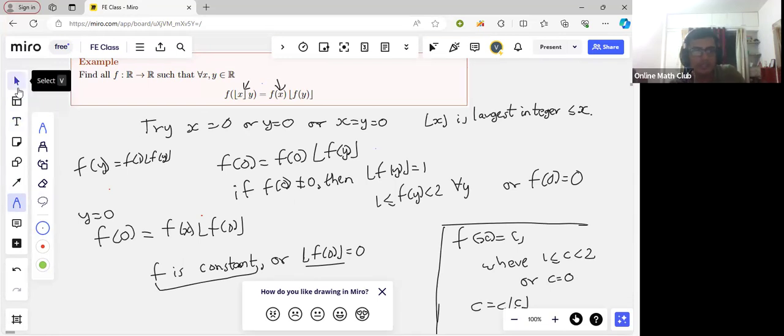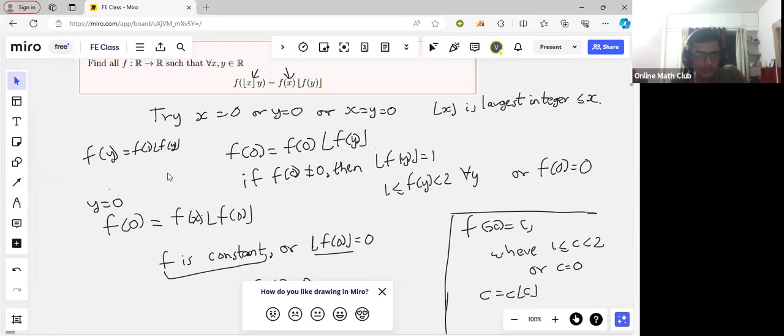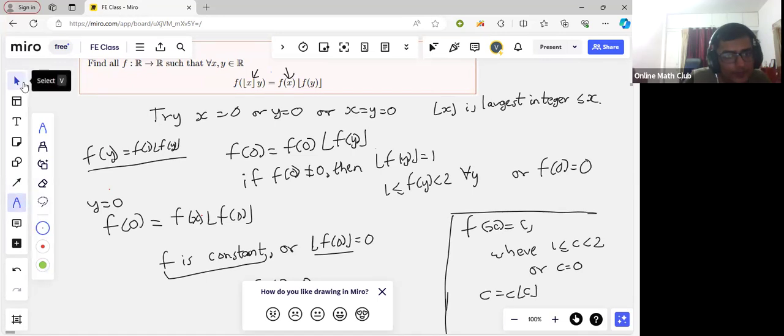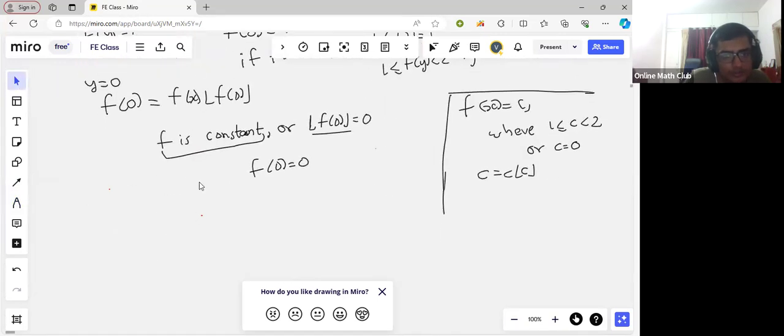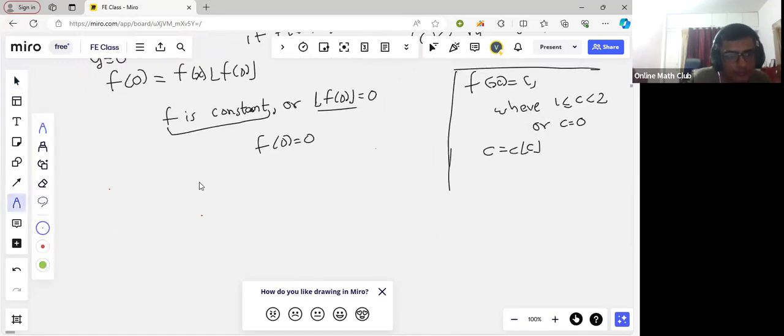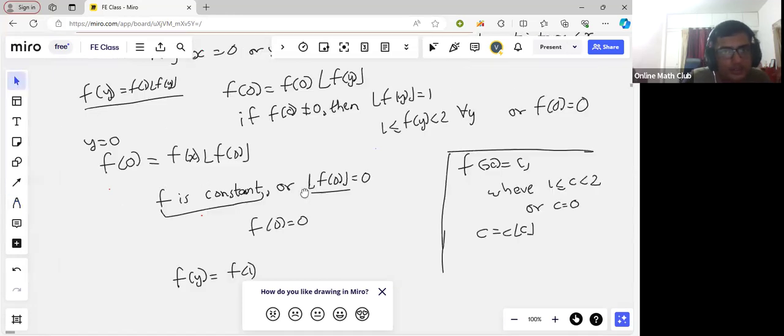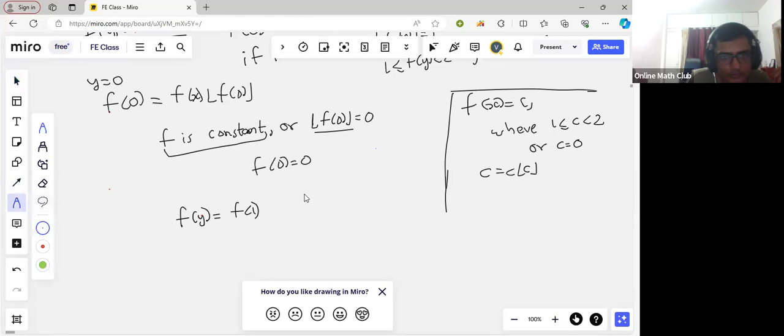We are again simplifying this equation a bit. So someone had suggested putting this, and this gives f of y is equal to f of 1 times floor of f of y.